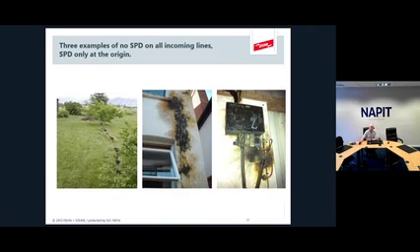Now we're looking at some examples here where there was an SPD at the origin, but that didn't save the house from being damaged. So going from left to right, there's a cable in the garden that's going off to some tree lights. Nothing wrong with that, except lightning hit the tree, and you can see where the cable's trying to rip itself out of the ground. It gets to a connection unit on the ring main.